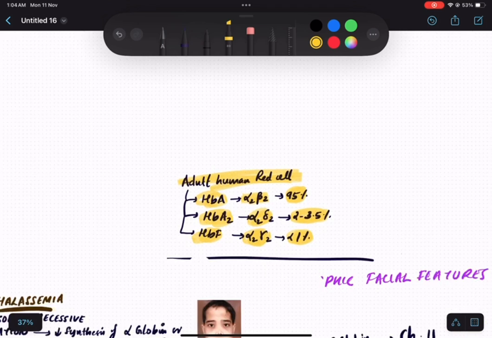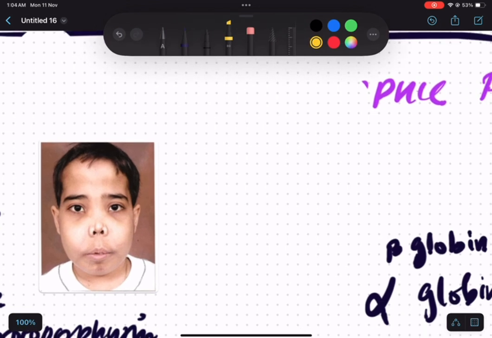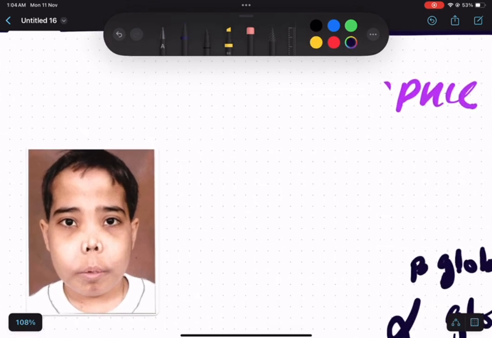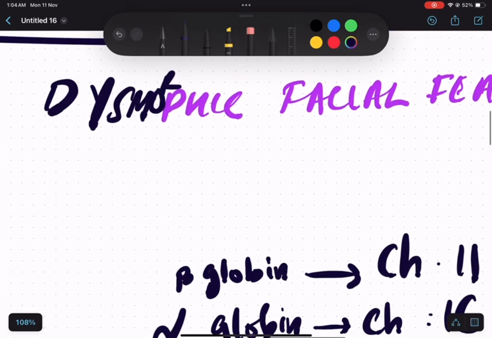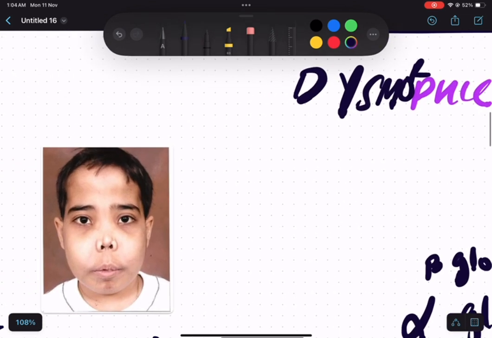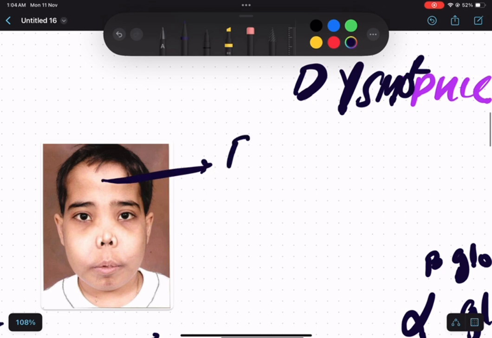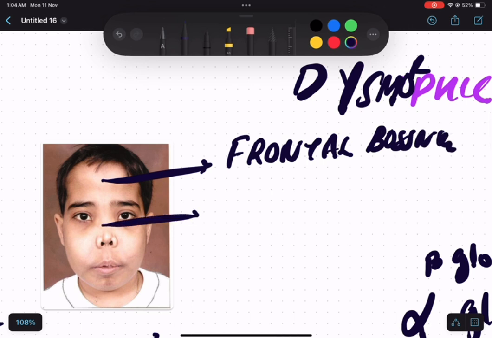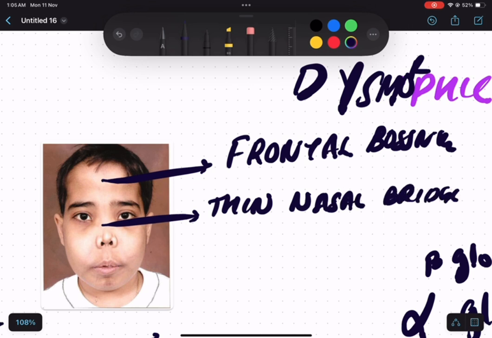And here we can see a patient with thalassemia. Here the patient presents with dysmorphic facial features, such as frontal bossing, a thin nasal bridge, as well as prominent cheekbones.